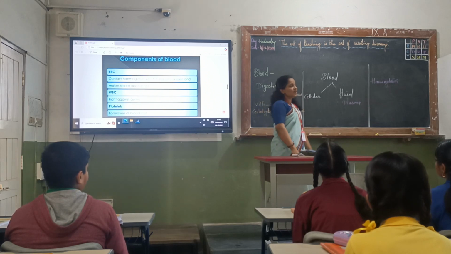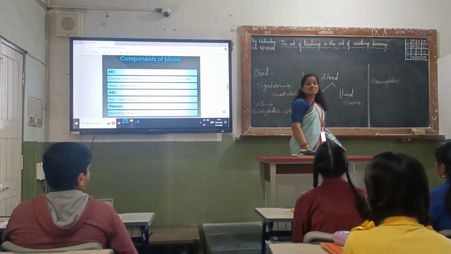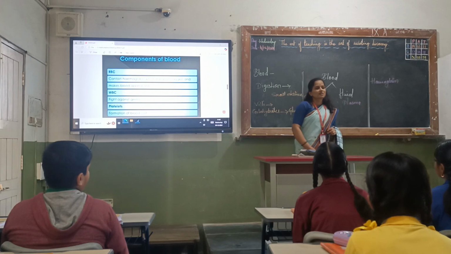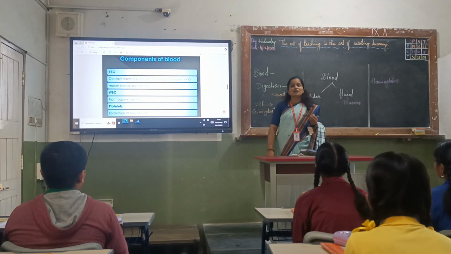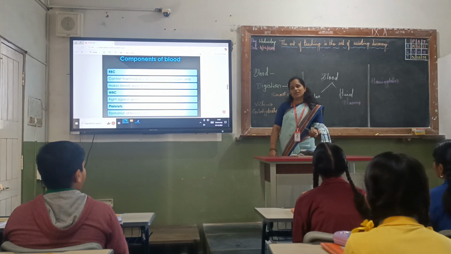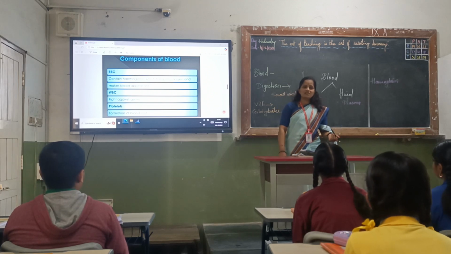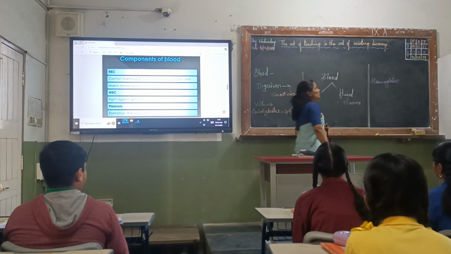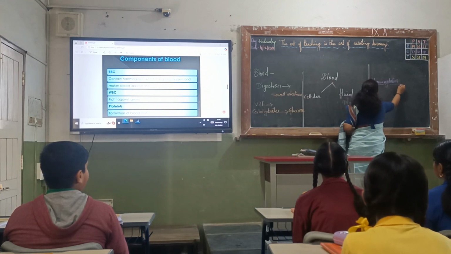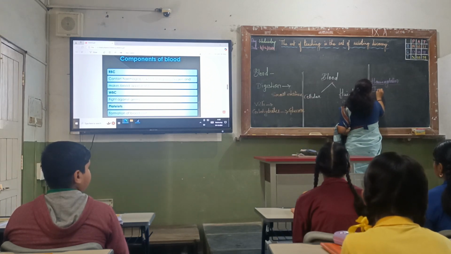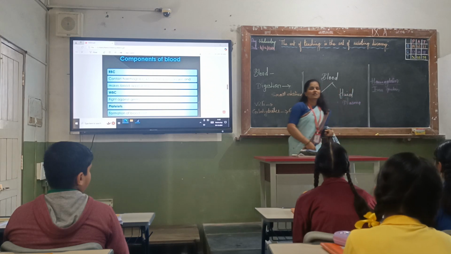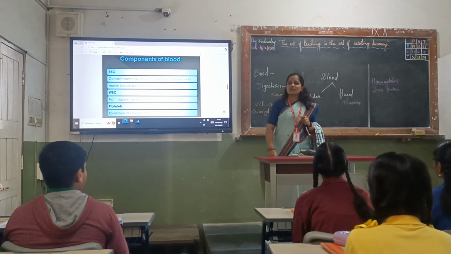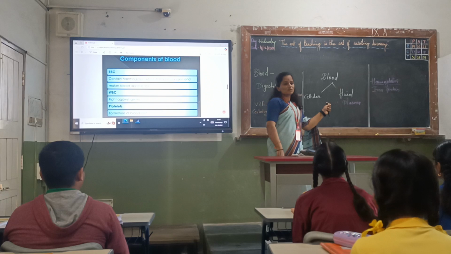And the function of the RBCs is that they are responsible for the transport of oxygen, and also it makes the blood appear red. That's why blood is red in color. In hemoglobin you can see two parts: hemo means iron and globin is the protein. So hemoglobin is a conjugated protein. Hemo means what? Iron.